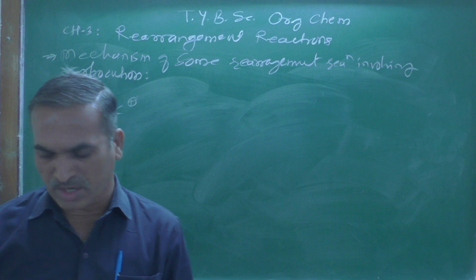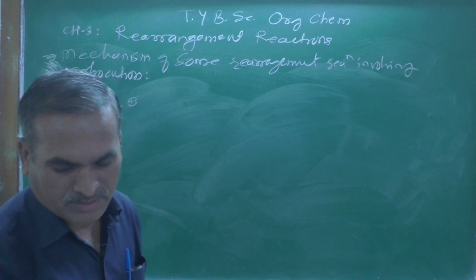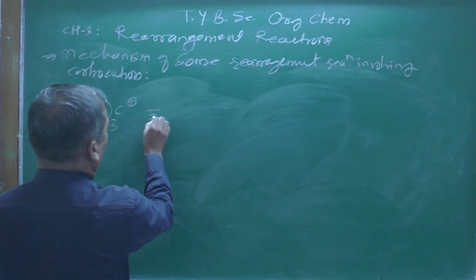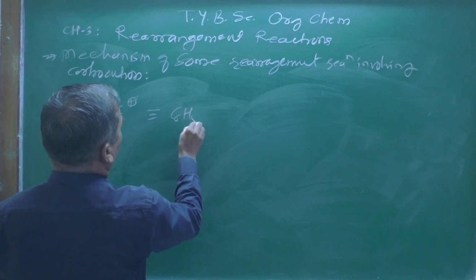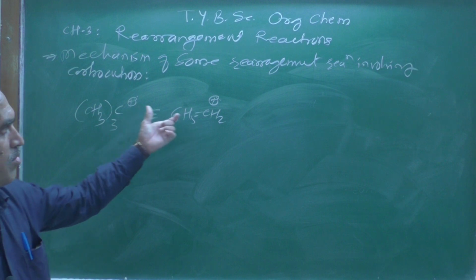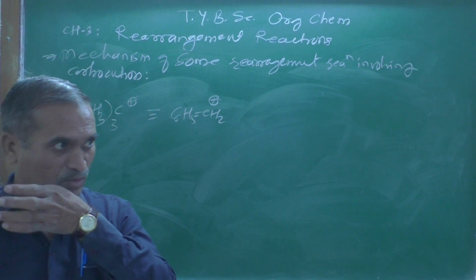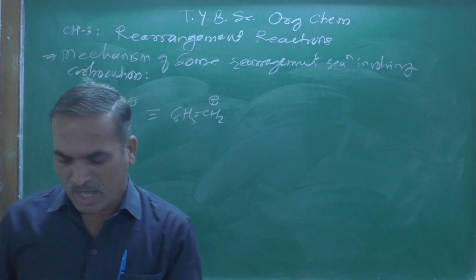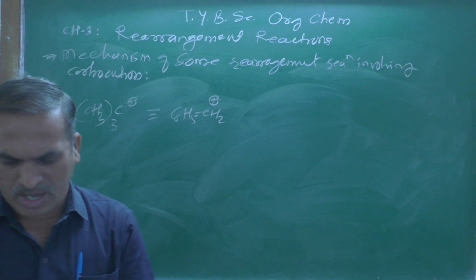This is a tertiary carbocation. Then C6H5CH2 with a positive charge. This tertiary carbocation and this allylic carbocation have similar stability.